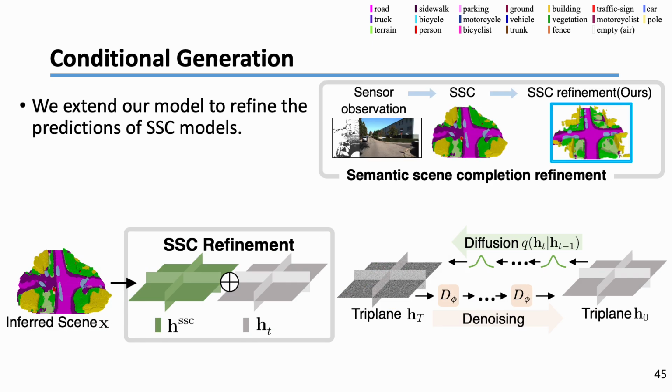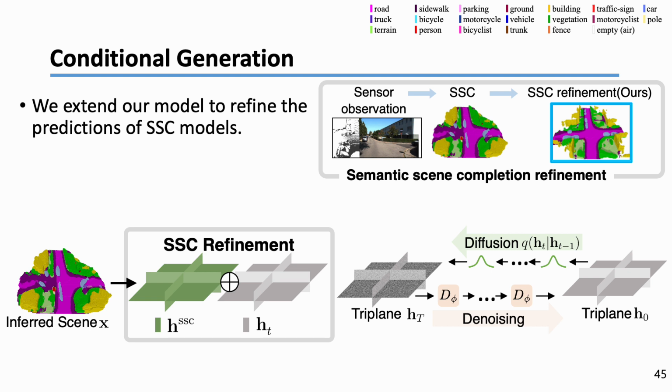First, we extend our model to refine the predictions of semantic scene completion models. Here, semantic scene completion tasks aim to jointly estimate the complete 3D geometry and semantics of the scene from sensors like cameras or LiDAR.